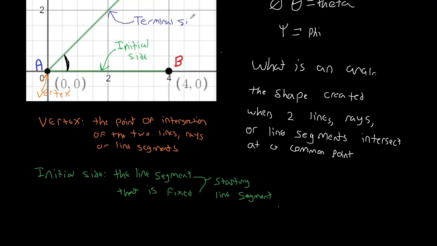The terminal side is the line segment, and again, this could be a line or ray, I'm just using line segments because in GIS we deal with line segments, that is rotated.